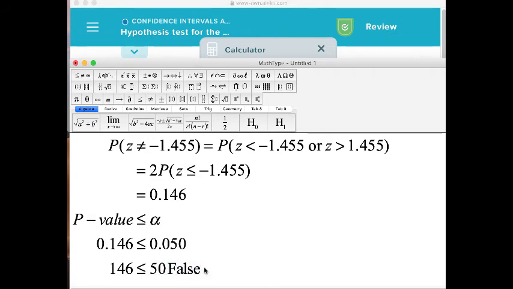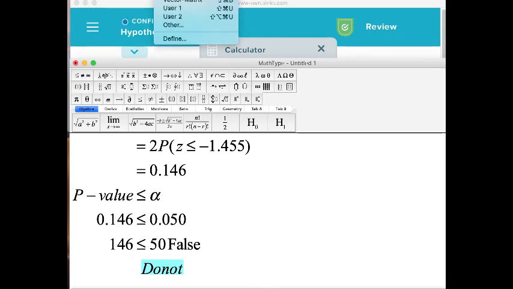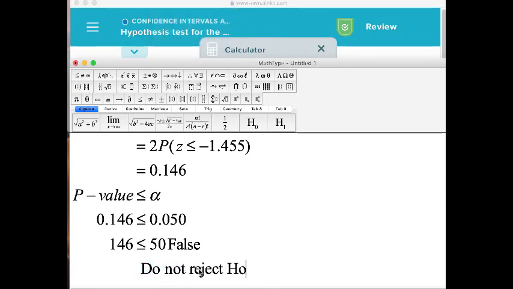So it is false. So our decision is to not reject H0, not in favor of H1. In other words, we didn't get anything that extreme. So if we did not get a value that was that extreme, we're thinking, hey, why would you reject that they're equal?